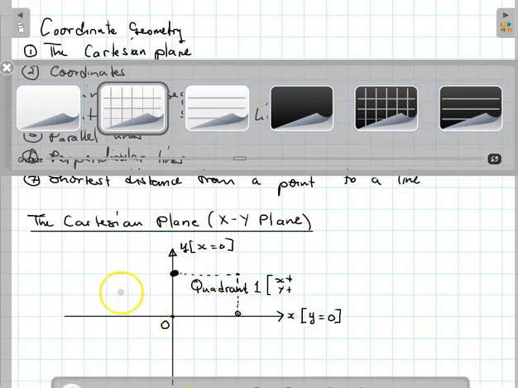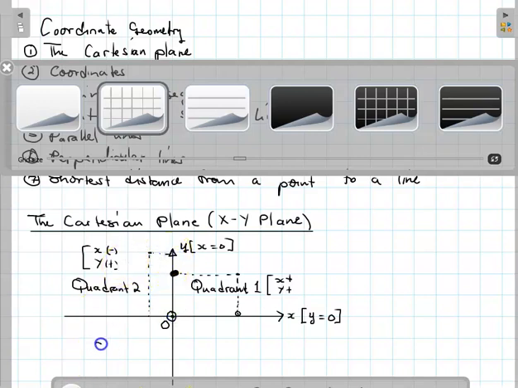Next you have quadrant 2, which is this one. When you are talking about the quadrants, you go anti-clockwise. In quadrant 2, x is negative and y is positive. If there is a point here, the x value will be negative because it is to the left of 0, but the y value is still positive.